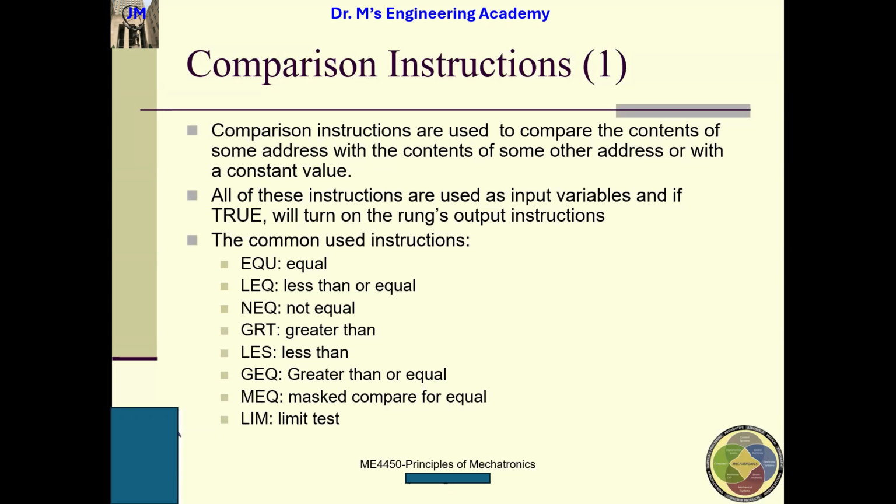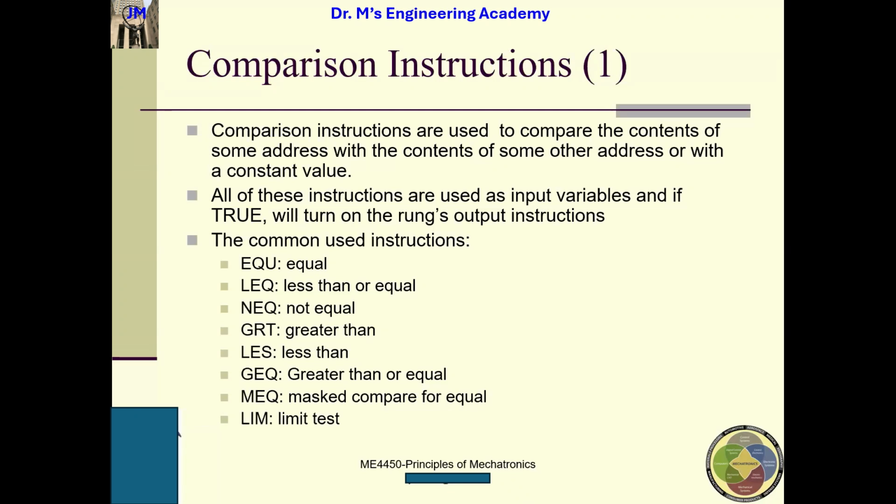Based on your experience, guys, for these comparison instructions, which ones are totally new to you? Tell me. Masked compare for equal, this one, right? This one I told you I'm going to talk about. Whenever we cover all these things, as I said, because you are senior students now, you should be able to know all of them.